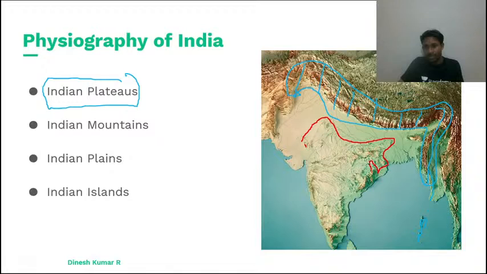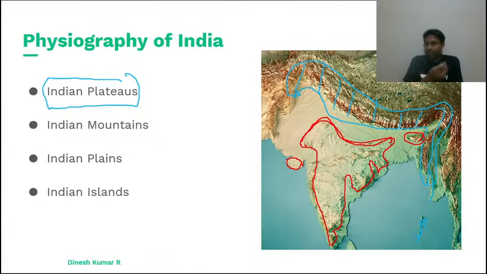This entire belt is my Indian plateaus. So this much area is part of my Indian plateaus, but it has some extensions here and there. What are they? It has a slight extension over here. It also has a slight extension over here. So this much area is my Indian plateaus.